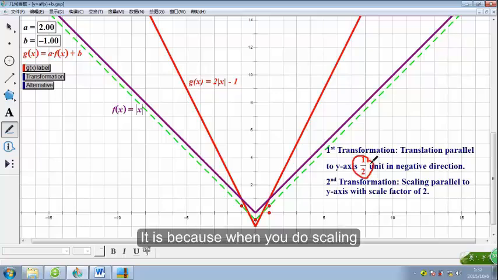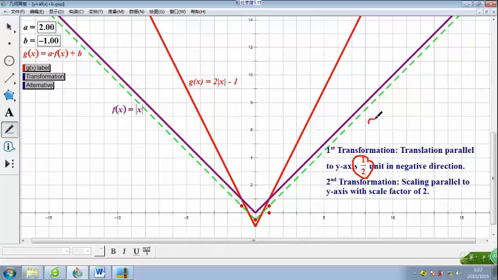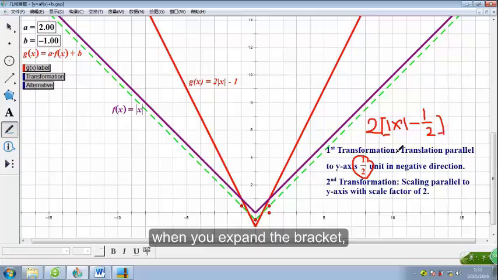It is because when you do scaling with scale factor of 2, let's say 2 multiply bracket modulus x minus half bracket. We'll expand the bracket. You will find that 2 multiplies half becomes 1 unit.